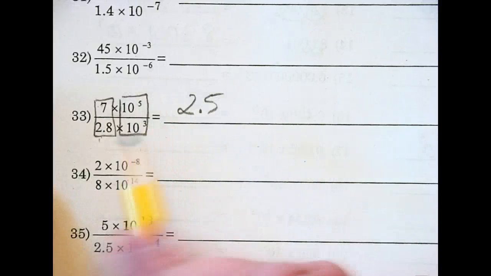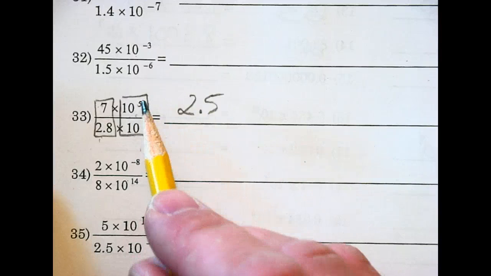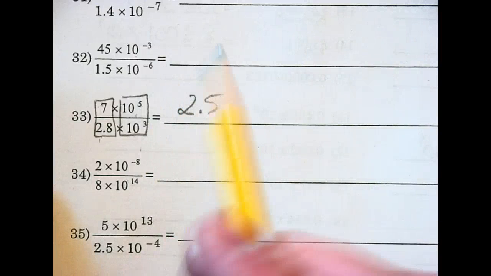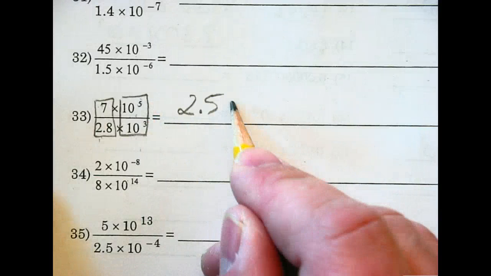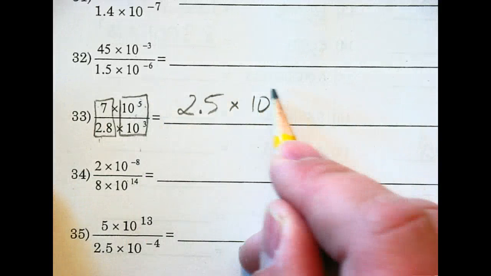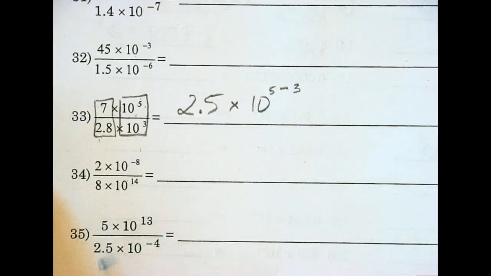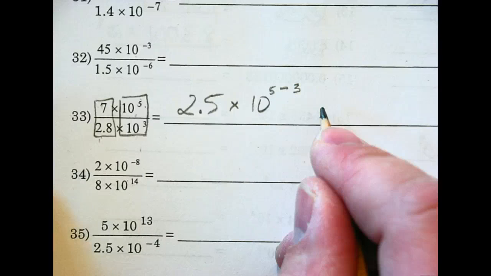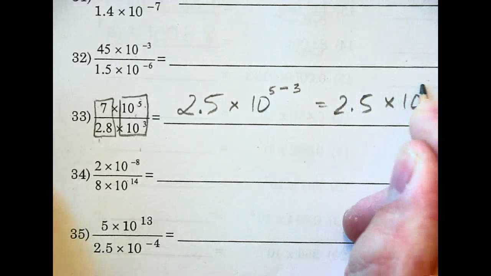And some of you are really good at that. You recognize you have 2 more on top. The other way to do this, to figure your power, we just haven't got to this property, is just subtract the 2 numbers. So that would be times 10 to the 5th power minus the 3rd power. Right? So that's 2.5 times 10 to the 2nd.